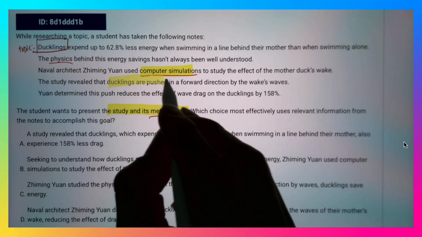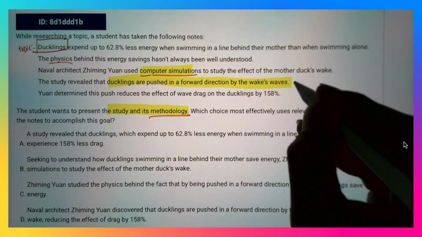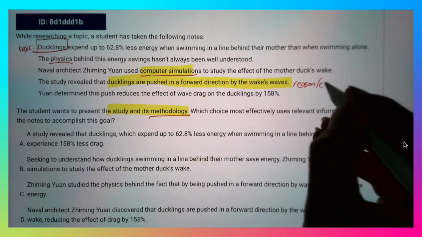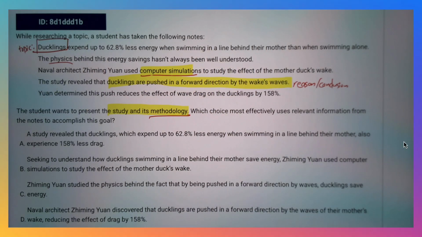So we have the reason. Okay, so this is a reason or conclusion that was drawn from these computer simulations. Yuan determined the push reduces the effect of wave drag on the duckling by 158%.